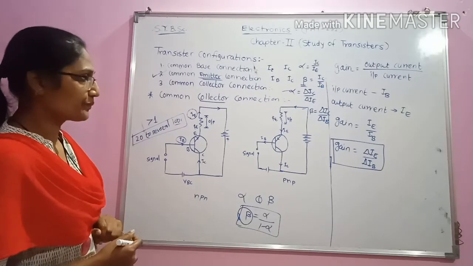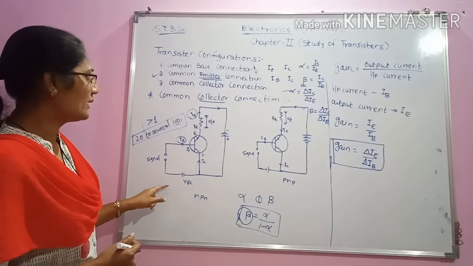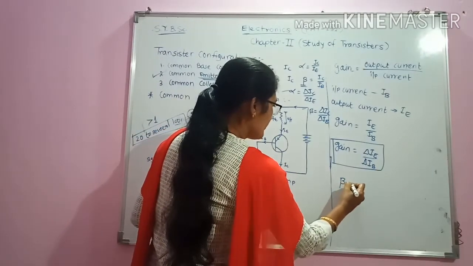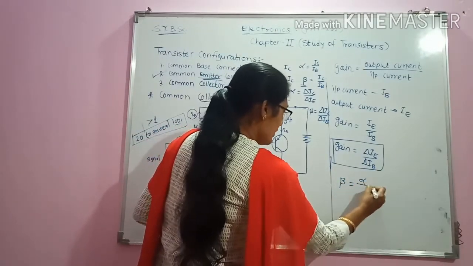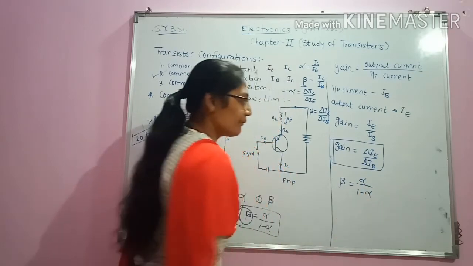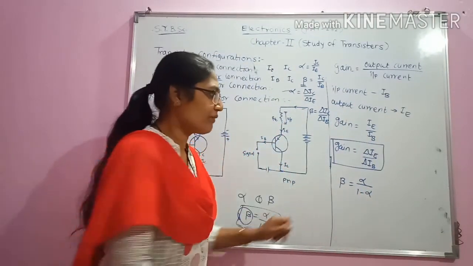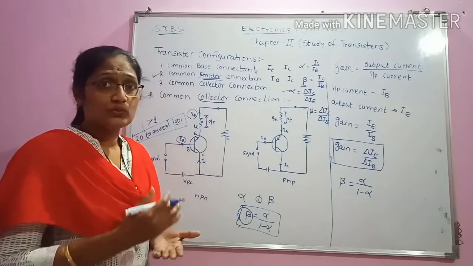Then we have also seen that in case of this formula, suppose we consider the value of beta as alpha upon 1 minus alpha, we know that the value of alpha will be at the max 1.